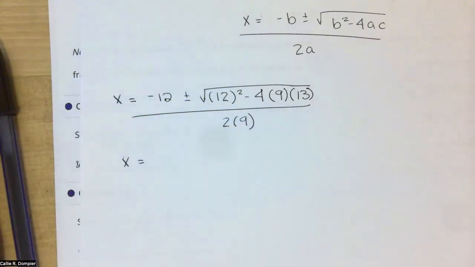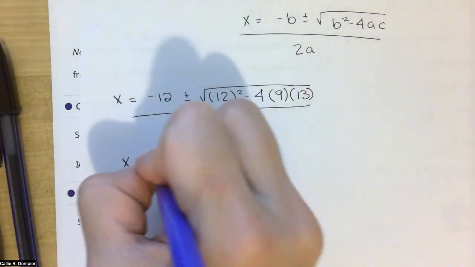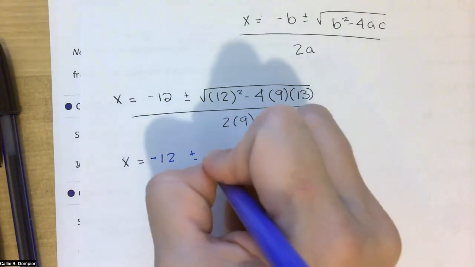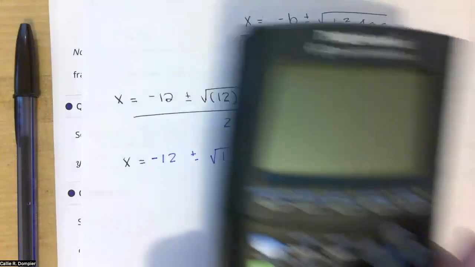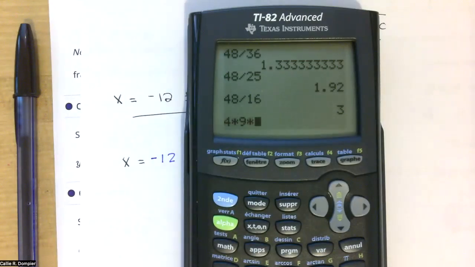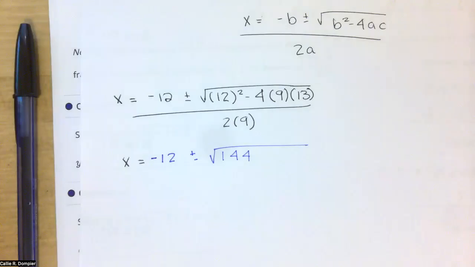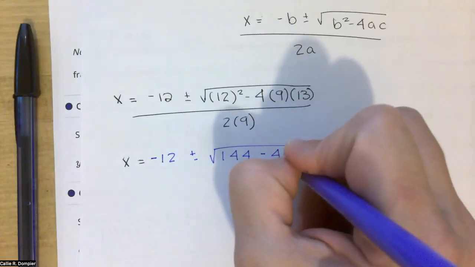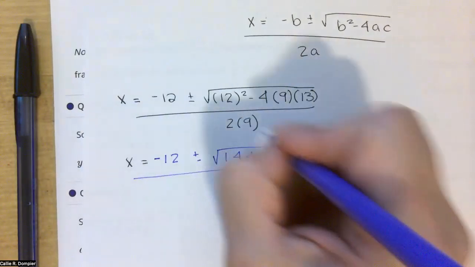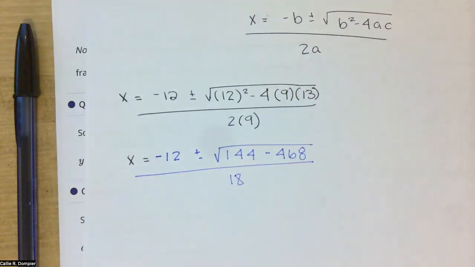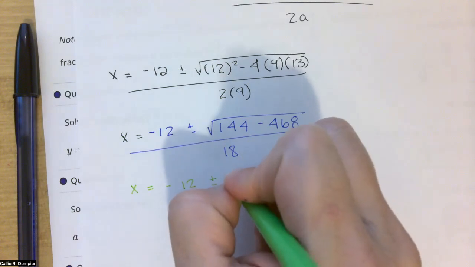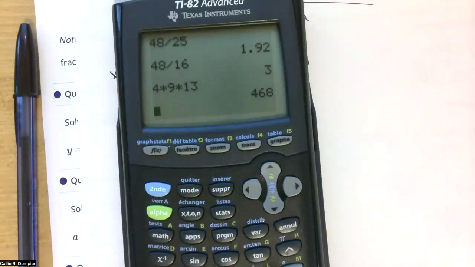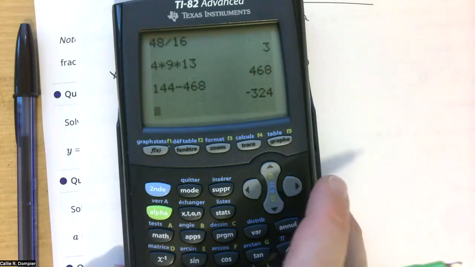X equals negative 12 plus or minus the square root of 144, right? 144, 4 times 9 times 13. 468. So it's minus 468. 2 times 9 is 18. X equals negative 12 plus or minus the square root of 144 minus 468. Negative 324.